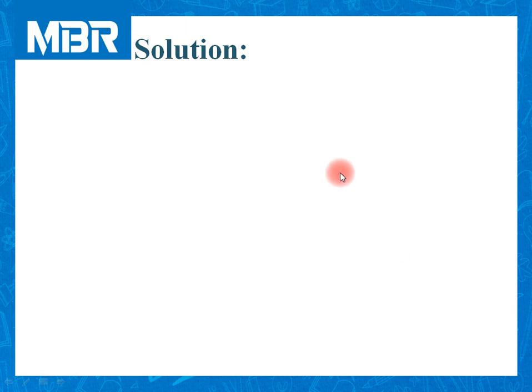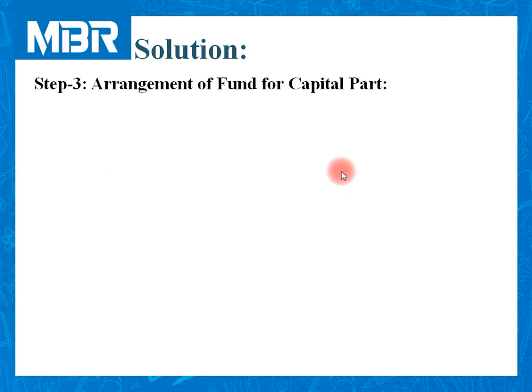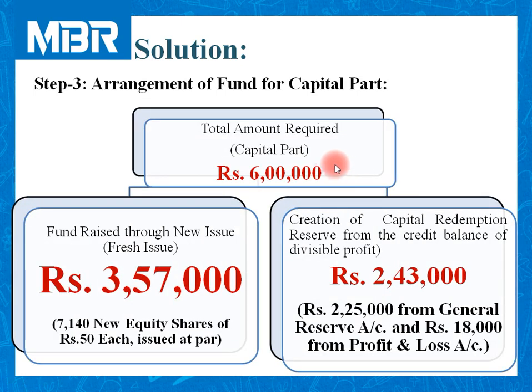Now, with the help of this, come to the final solution. Total amount required is rupees 6 lakhs, out of which 3,57,000 rupees collected by the company using 7,140 new equity shares of rupees 50 each issued at par. So, out of 6 lakhs, 3,57,000 issued through new equity shares.